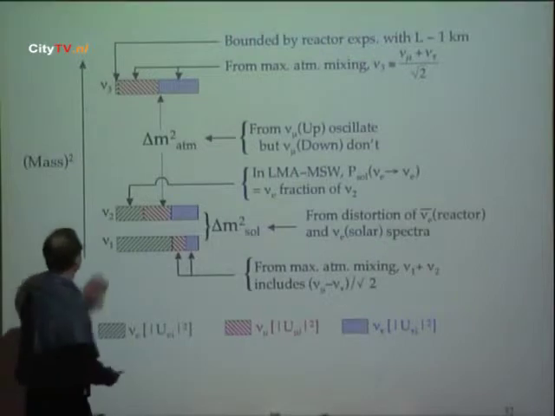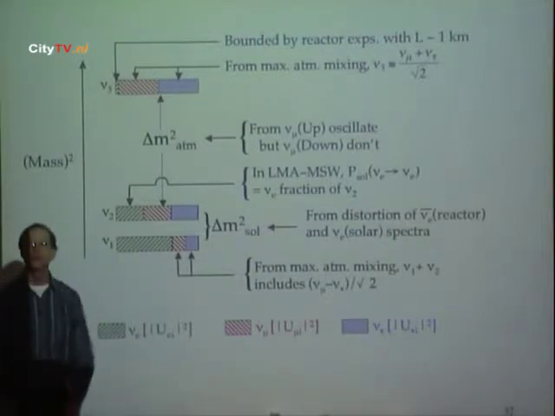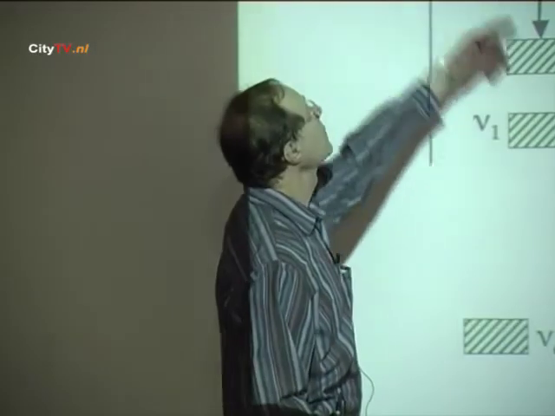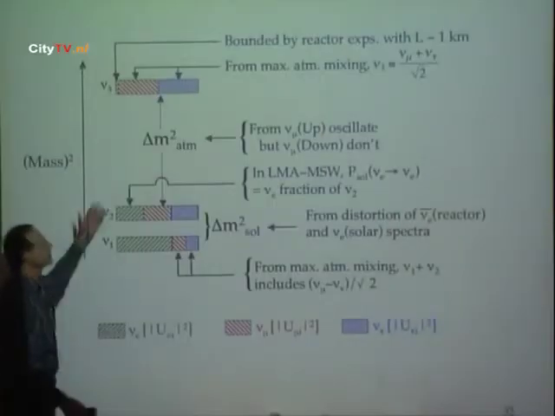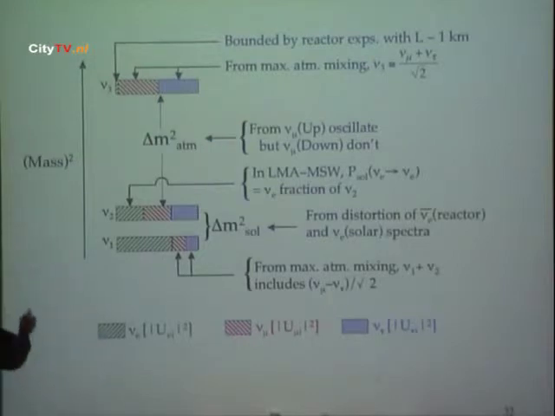Consequently, the nu E fraction of this neutrino has been determined from solar experiments to be 1/3. Now, unitarity of the mixing matrix says that the sum of all the 3 nu E fractions of the 3 neutrinos has to add up to 1 neutrino's worth. This one is small. This one is 1/3 of a neutrino. Therefore, this one has to be 2/3 of a neutrino.